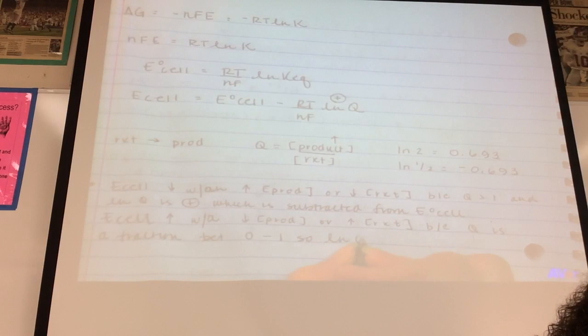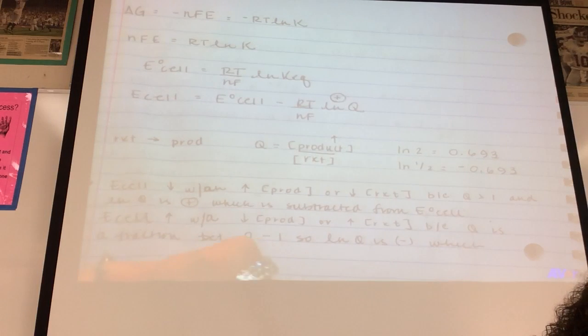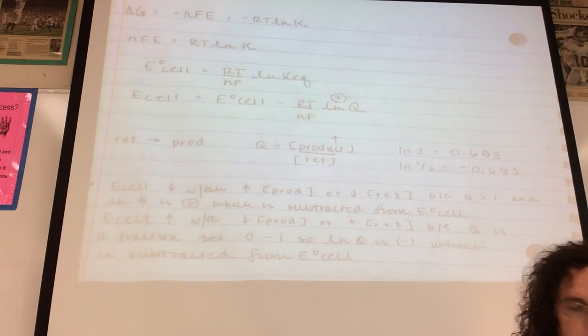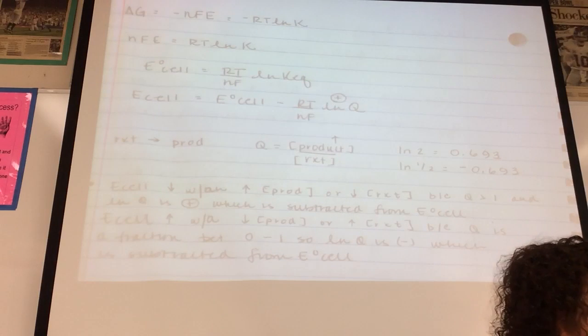So ln of Q is negative, which is subtracted from E cell, hence the increase. All right?